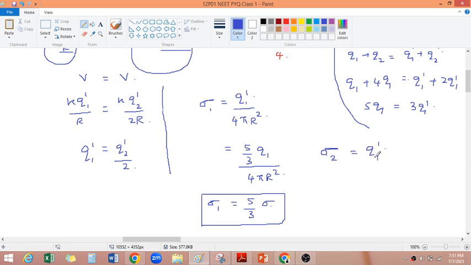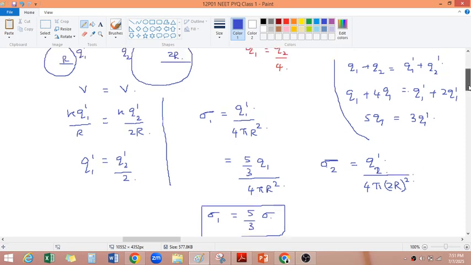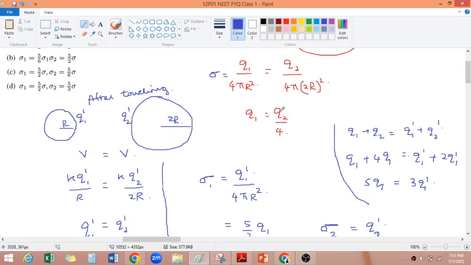Okay, very good. So q2 dash divided by 4 pi r squared. But don't forget it's not r squared, it's 2r the whole square. So somehow I have to write q2 dash in terms of q1 or q2.